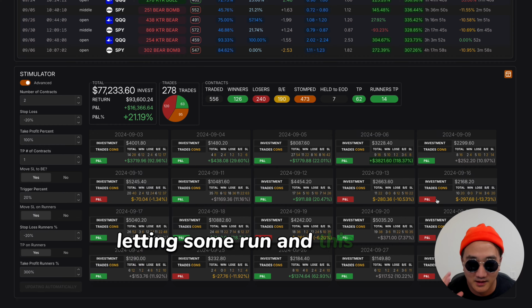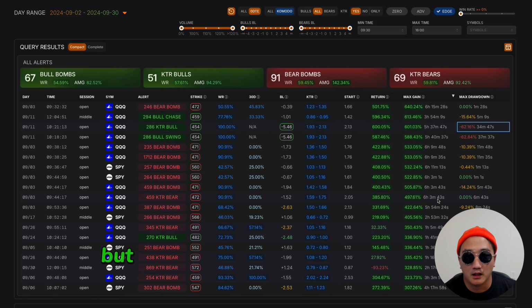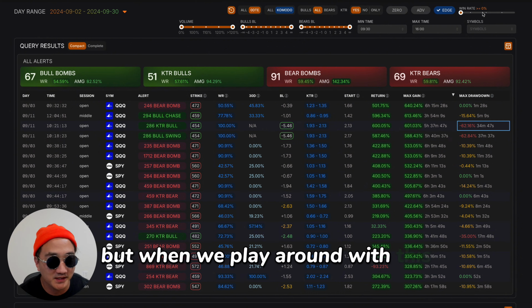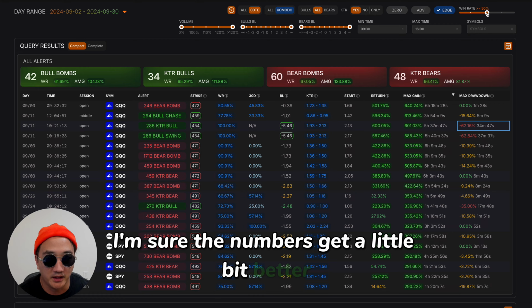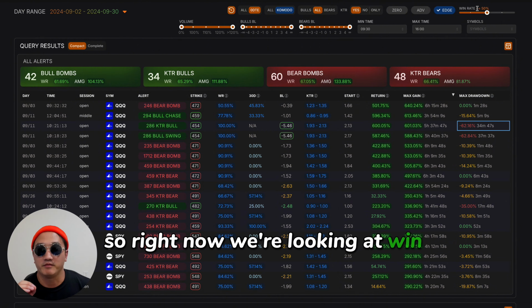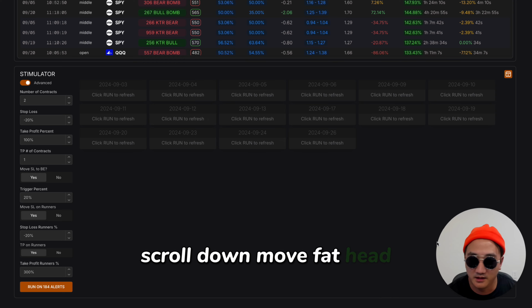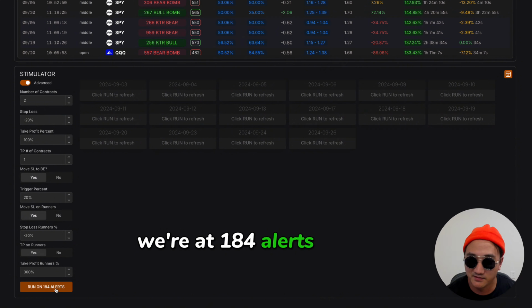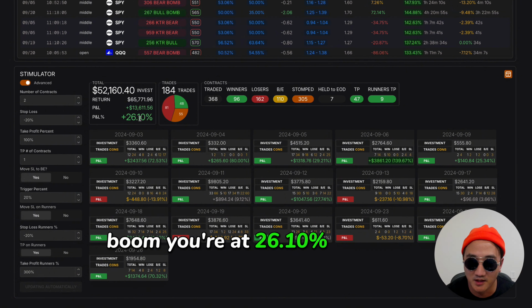And this is the exciting thing. We're looking at every single alert regardless of win rate. But when we play around with this, I'm sure the numbers get a little bit better. So right now we're looking at win rate 50% or higher. We're at 184 alerts. It's 200 something before. Boom. You're at 26.10% P&L, 13.6K on the month.